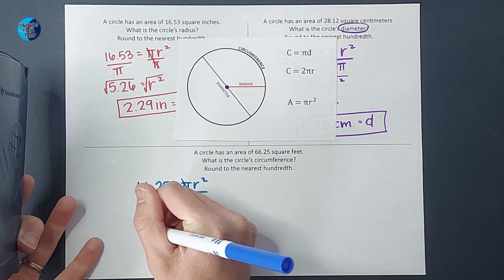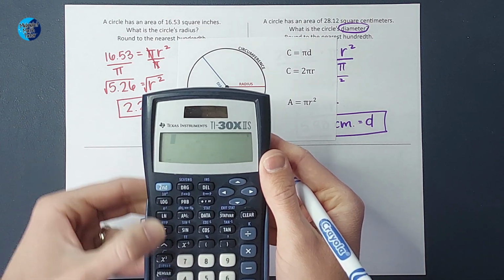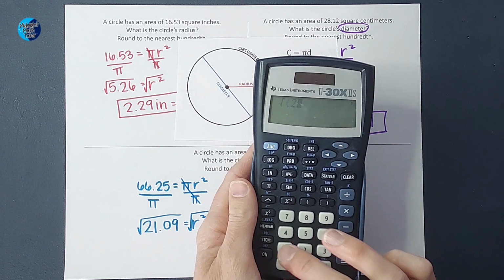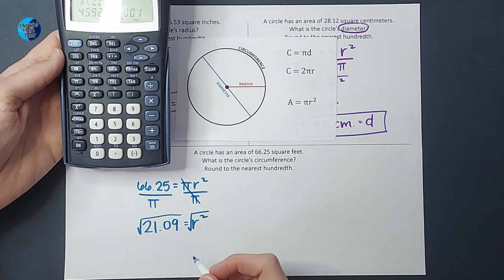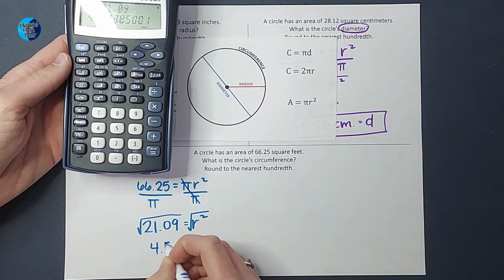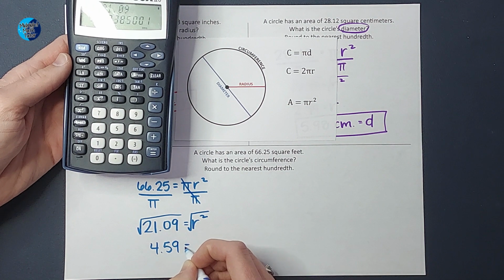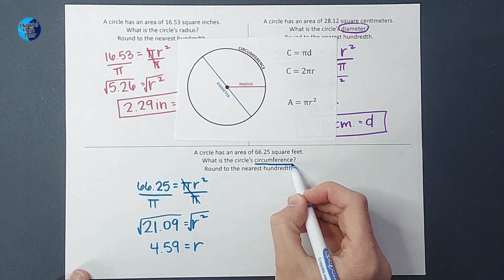So then we got to take the square root of both sides. So when I take the square root of 21.09, I get 4.592. So I'm going to round that to 4.59 equals my radius. Okay, that's my radius, but we want the circumference.